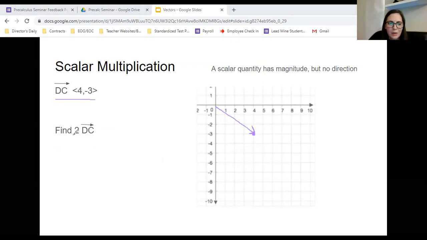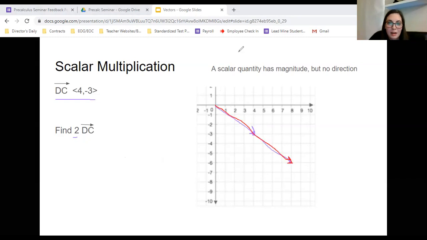And I want to find 2DC. So really what that is, I'm just going to take this, I'm going to multiply it by 2. So I can go 1, 2, 3, 4, 1, 2. I can go twice that distance. And 2DC would be the whole thing here.